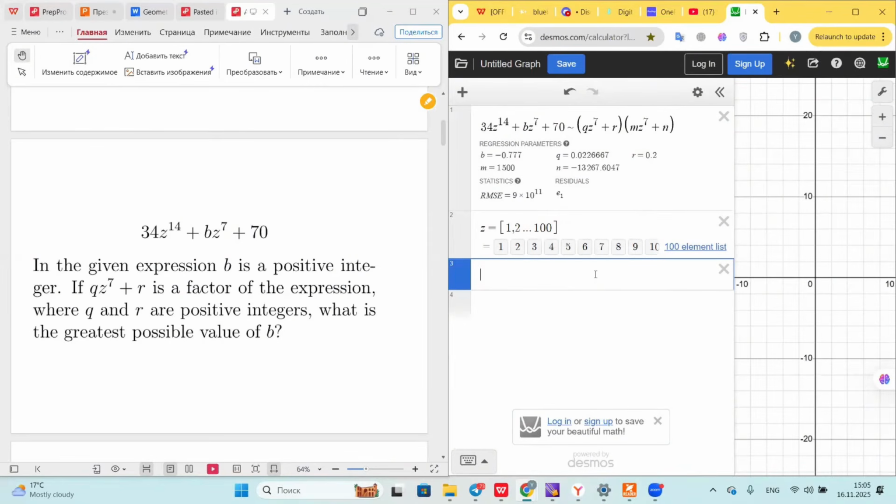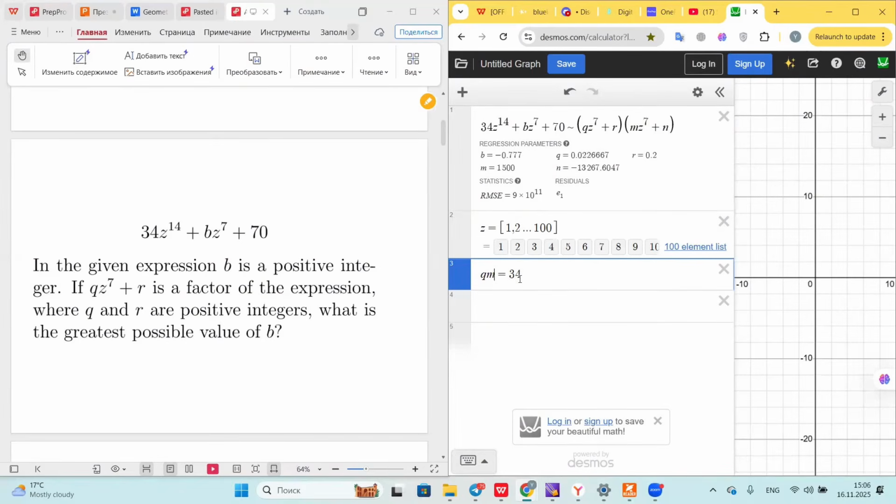Here we should mention that q and r are positive integers. We should give them proper attention. While opening this bracket, you should multiply, like z to the 7 gives you z to the 14, it's okay. It means q times m, qm, will be equal to 34.